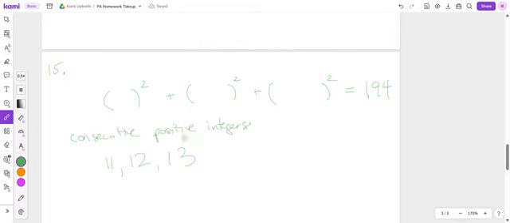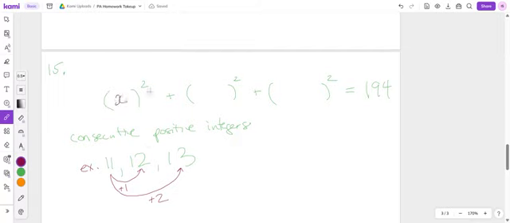The question doesn't say odd or even. So if this is an example, how do I get from one integer to the other? What do I add? Plus 1. And then for me to go to the next one, what do I have to add? Plus 2.